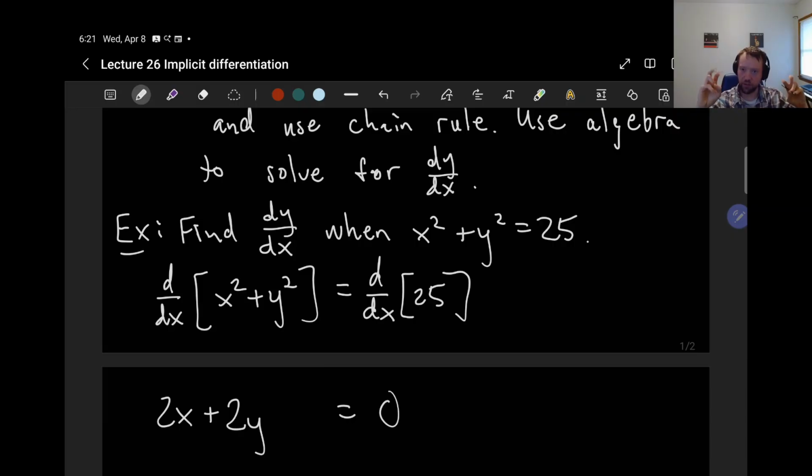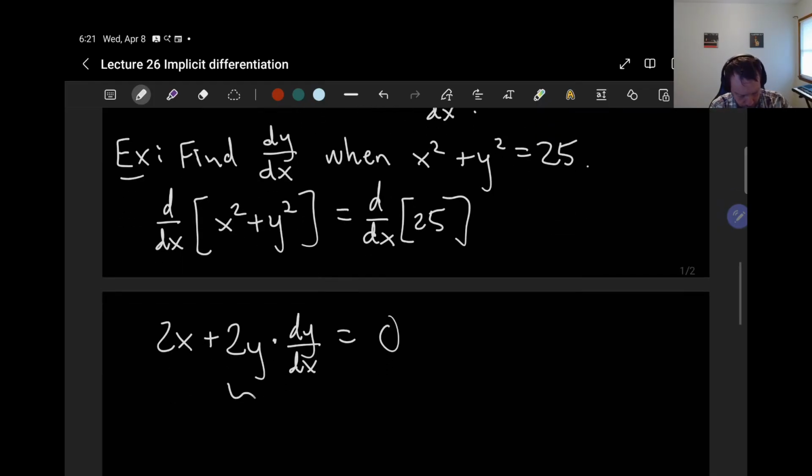This is like the outside derivative part. Bring the 2 down, power rule. And then you multiply by the derivative of the inside. That's the derivative of y with respect to x. So that was chain rule that I just did there.